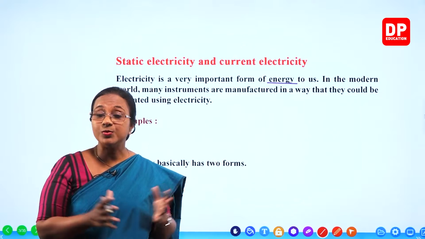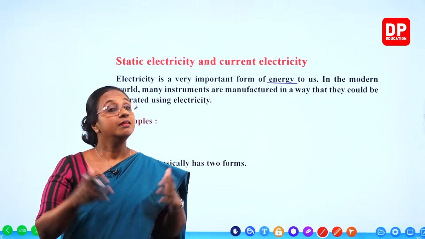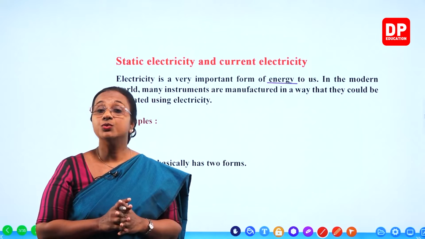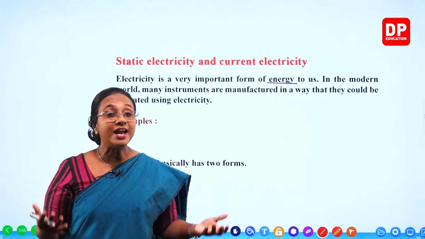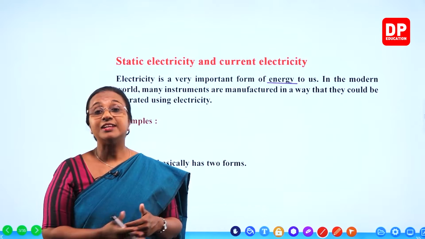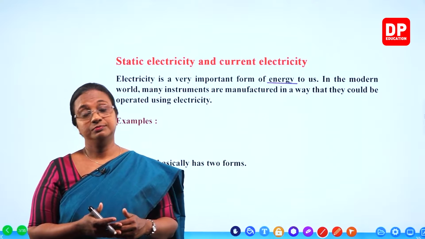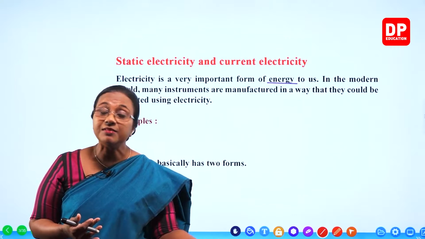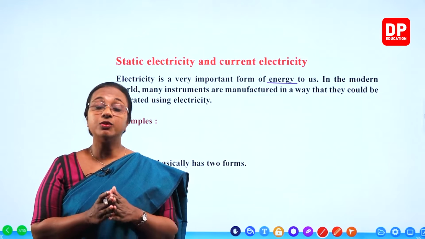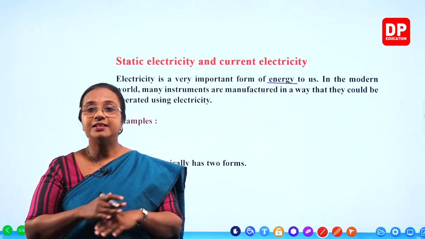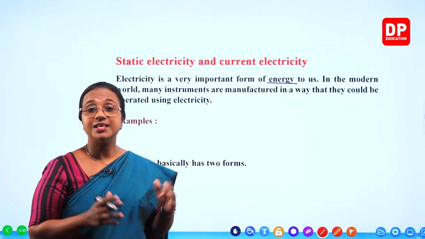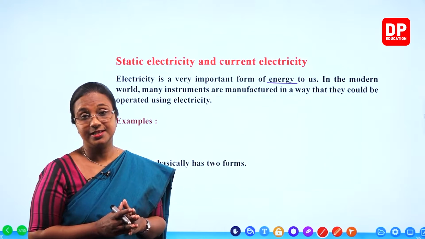Then you are in a place where there are light bulbs. There can be a fan, electric fan. All these use electricity. You all iron your clothes using an electric iron. Then you all have electric rice cookers at home. Cook rice. Then to heat water, you can use an electric kettle. Then there are electric cookers. Like that, there are so many equipments or instruments that use current electricity.